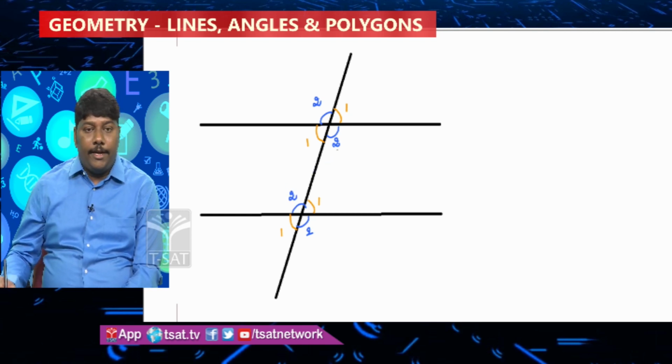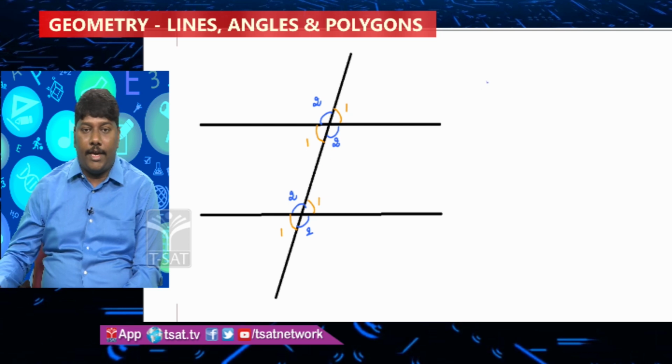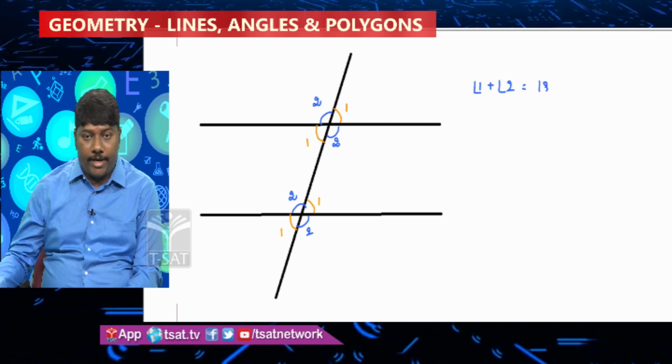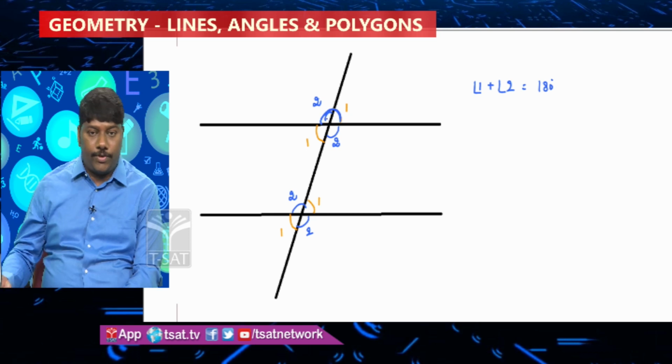So we are seeing 8 different angles, but there are only 2 different angles. The sum of these angles, angle 1 plus angle 2, is equal to 180 because they form a linear pair. They form a straight line. Therefore, angle 1 plus angle 2 is equal to 180.